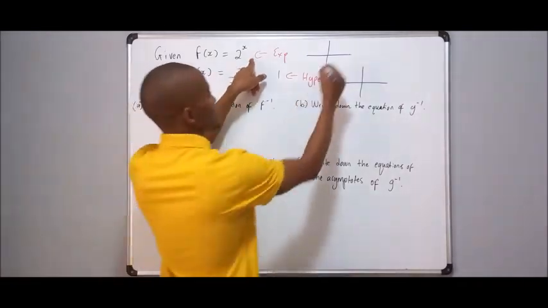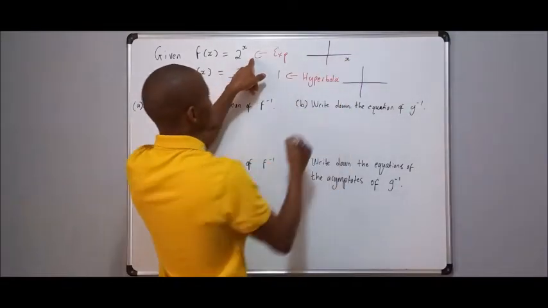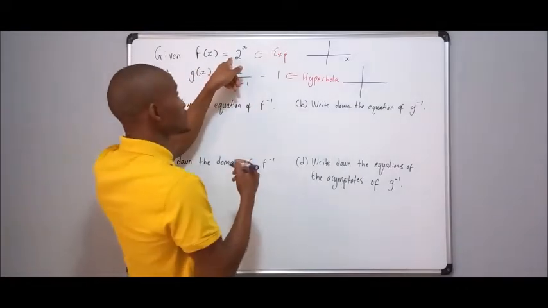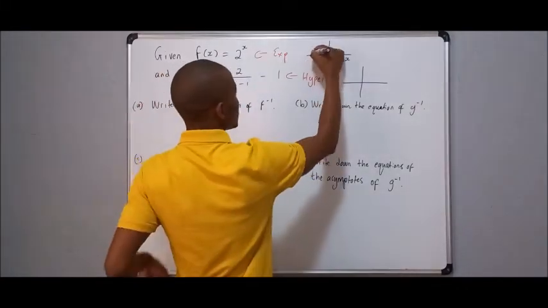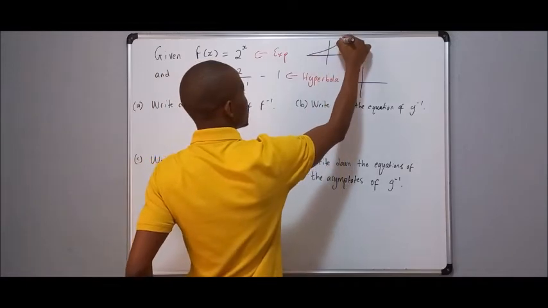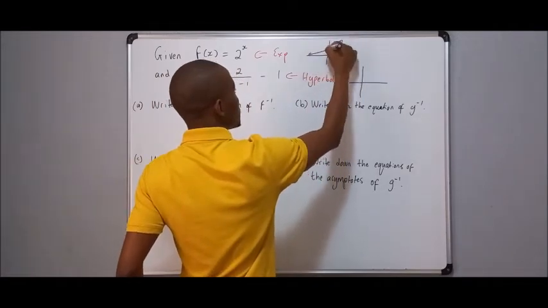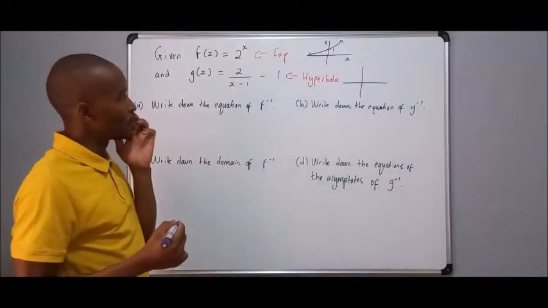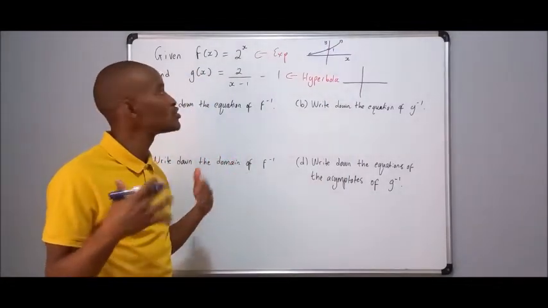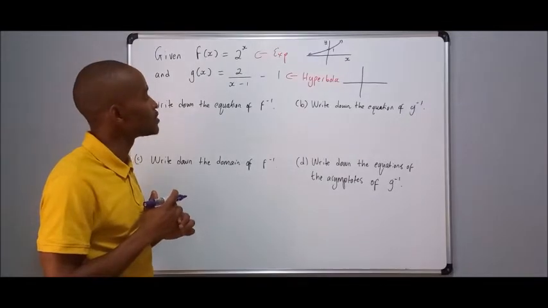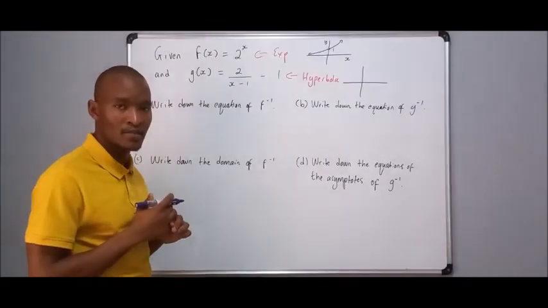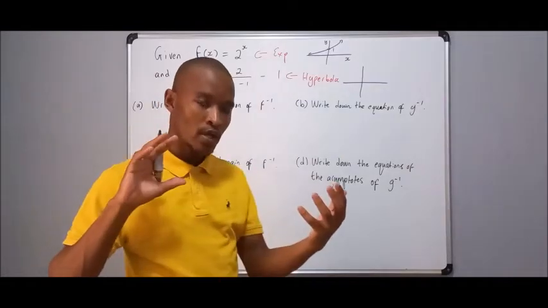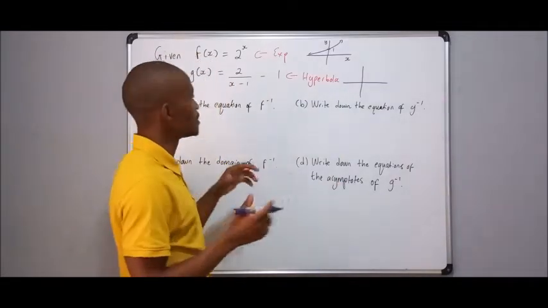It will be the x-axis. Is it increasing or decreasing? The coefficient is positive 1, so it's an increasing function and it will cut the y-axis at 1. You don't need to calculate intercepts at this stage. It's just to help you conceptualize what you are dealing with.